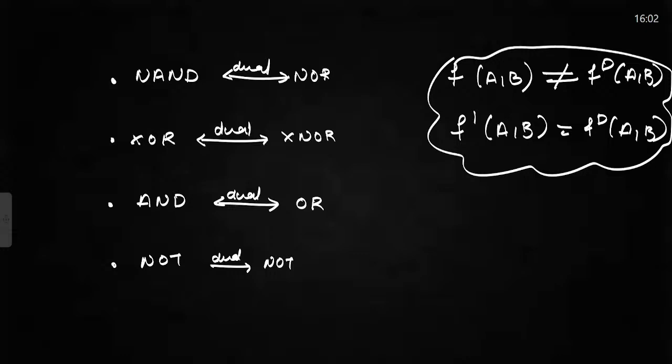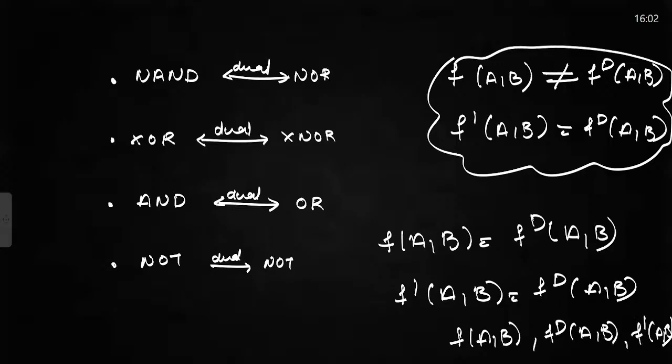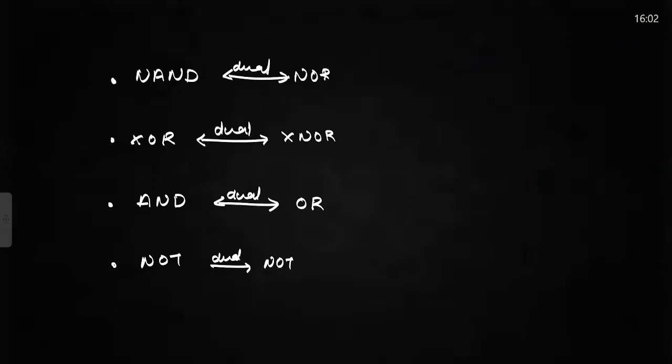Sometimes the function of ab will be the dual function of ab, and both will be the same. Sometimes the complement of ab will be equal to ab. Sometimes there will be no relation between f of ab, the dual of ab and the complement of ab. The duality theorem exists there, but you will not always find the same term. Many of you will have a misconception about this, so try to understand.